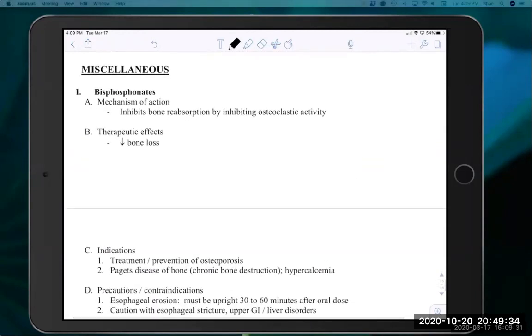All right, so miscellaneous. We have a bunch of miscellaneous medications here. Most of this section I'm not going to be really testing you on either. However, you can look at bisphosphonates. This is in Women's Health, chapter 34, page 533. You can look through these. I don't know if you've heard of alendronate, otherwise known as Fosamax.